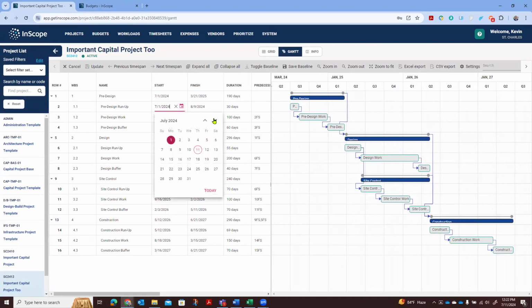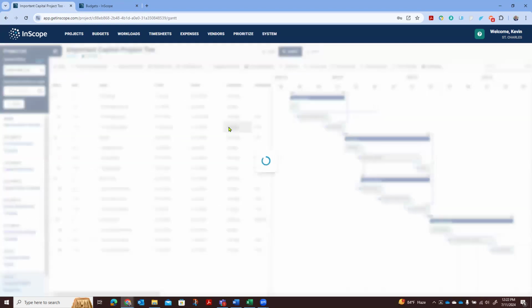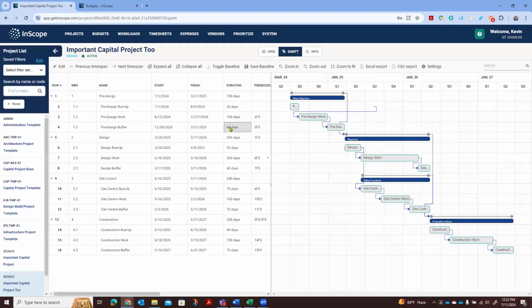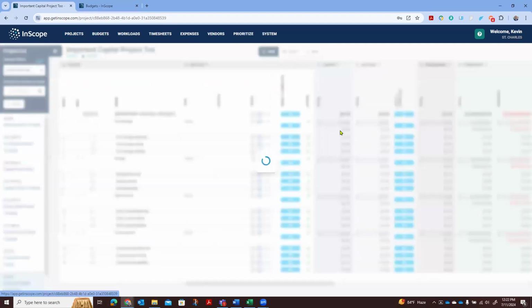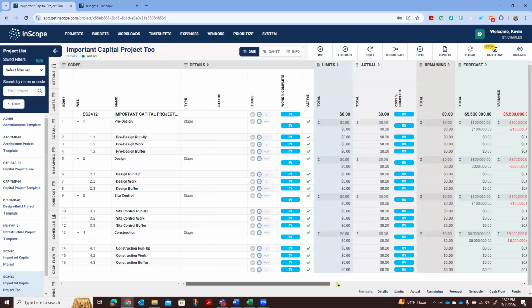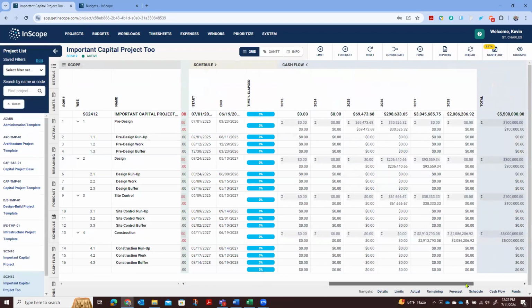So I'm going to move this out to July 2025. If I make that adjustment, that's going to shift my project schedule, and as a result, that's going to shift my cash flow, right? So now my cash flow is not being incurred until 2025, because that's when it's going to begin, because I hit this major delay.